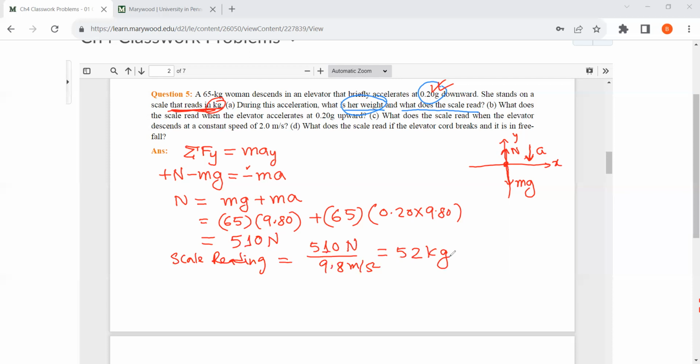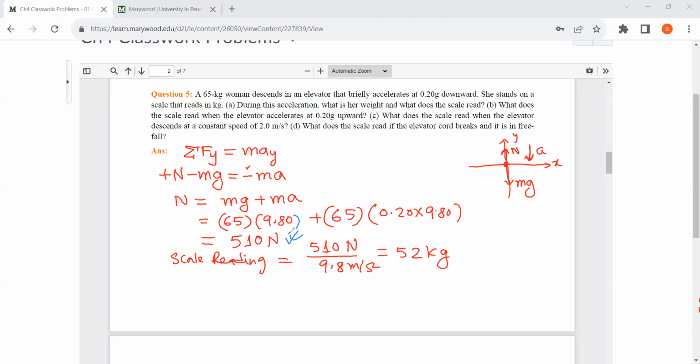You see that her true mass is 65 kilogram, but the scale sees 52 kilogram when the elevator is accelerating downward. That's why we call it apparent. Here we should call it apparent mass, or if we use the force value, apparent weight.